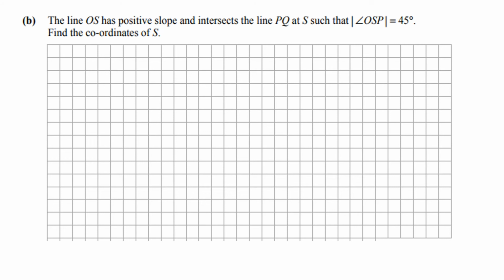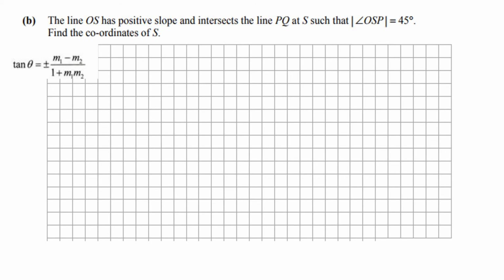We can do that using the formula which is in your log tables on page 19. And it's tan of theta is equal to plus or minus slope 1 minus slope 2 all over 1 plus slope 1 by slope 2. So it's at the top of page 19. It's the angle between two lines of slope M1 and M2. So that's the formula we're going to work with.